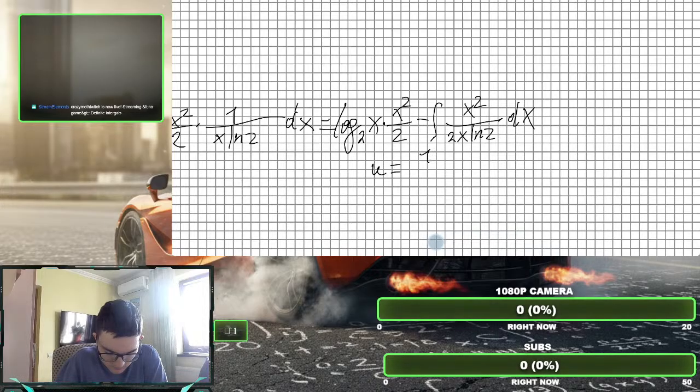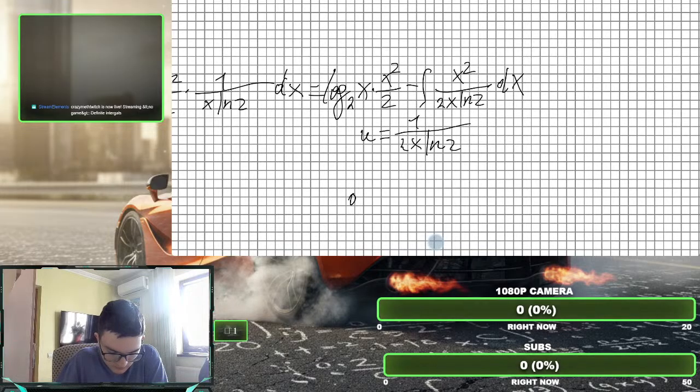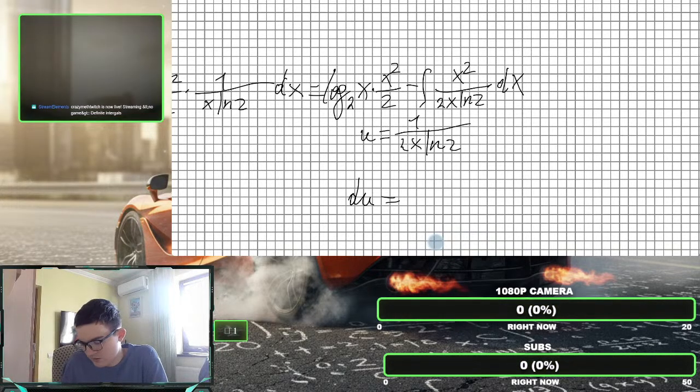So I'm gonna put this as the u, 2x ln 2, and here du will be this derivative, and I'm not really sure what this is derivated. I'm gonna check it out. I'm not sure if there's such a formula here.